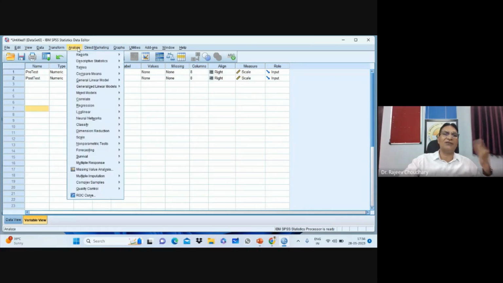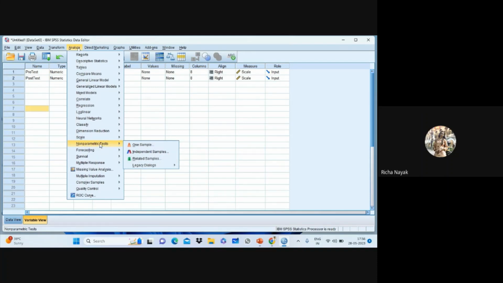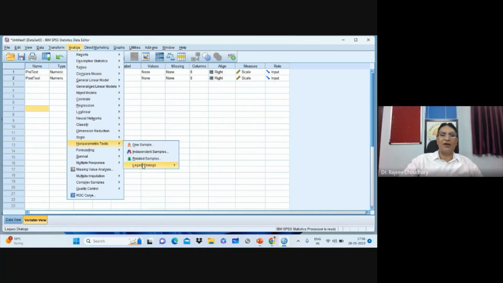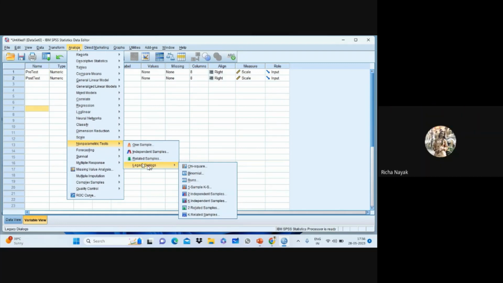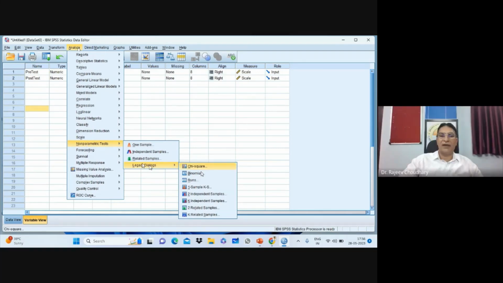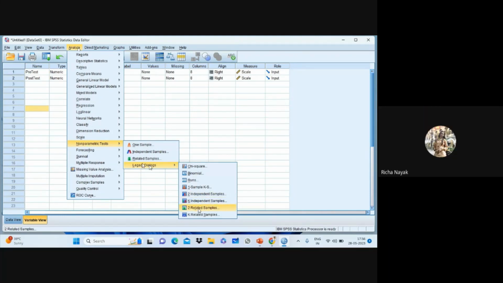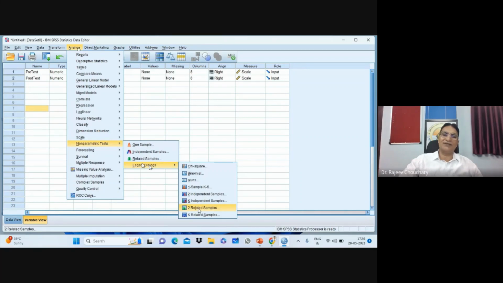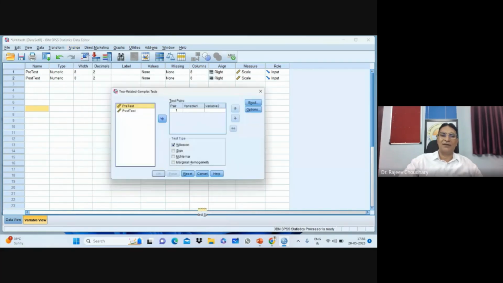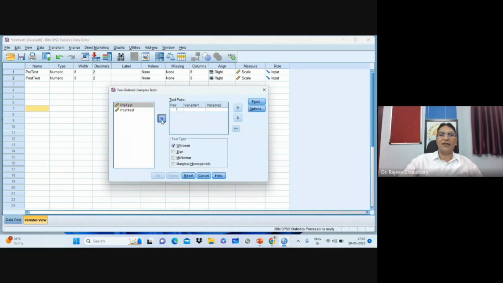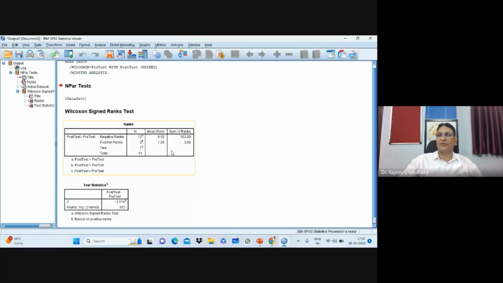Go to Analyze, Non-parametric Tests, Legacy Dialogs, Two Related Samples. Make a pair, click on OK. The results will be in front of you.